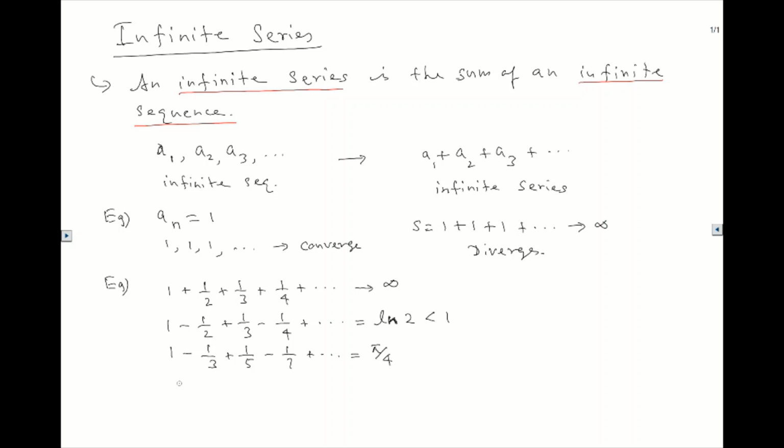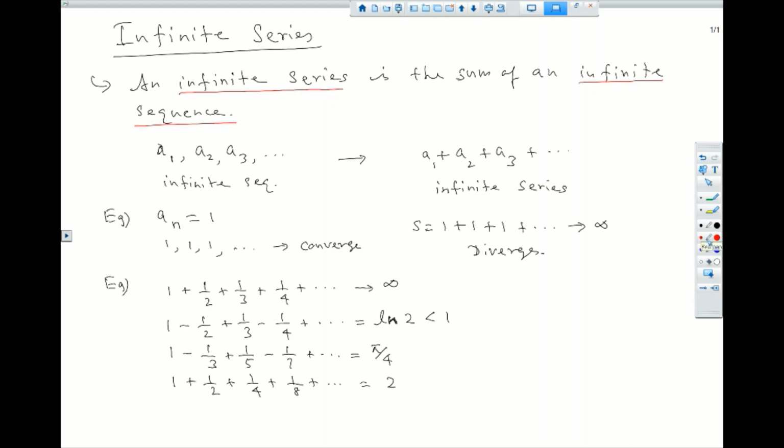So let's say we have 1 plus 1/2 plus 1/4 plus 1/8. If you add them, what do you get? So start with 1, and then we have 1/2, 1/4, 1/8. Actually you can see that this is exactly 2.